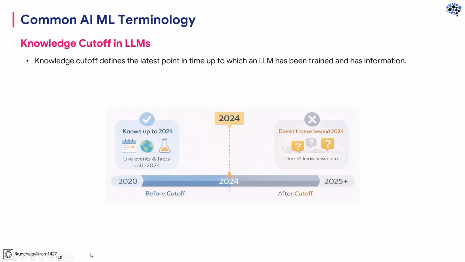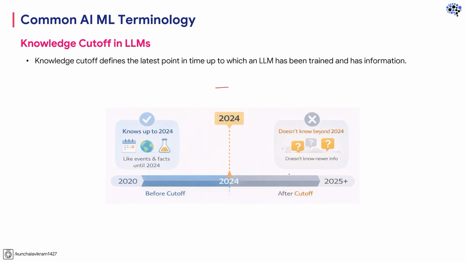And what is knowledge cutoff in LLMs? We already discussed that LLMs are trained on a massive amount of data. So if we trained the model in December 2024 with data up to December 2024, that is the latest information it will have, right?